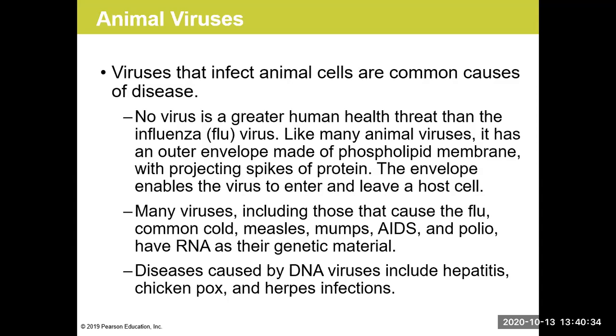Many viruses, for example, those that cause flu, common cold, measles, mumps, AIDS, polio, are retroviruses. Diseases caused by DNA viruses are hepatitis, chickenpox, and herpes infections. Animal viruses have become very important in the present context because of the COVID-19 pandemic that is going on.